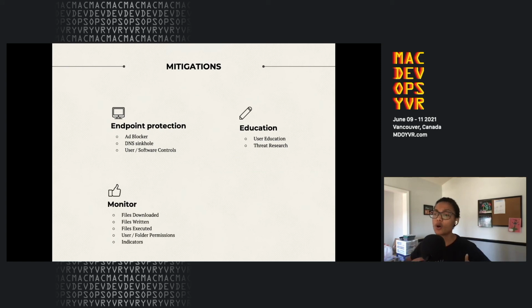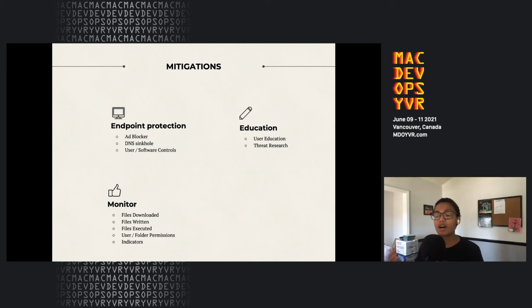Monitoring. So I recommend monitoring files downloaded, files written, files executed. Now, this part is the fun part for me, kind of. I like monitoring. At first, it could be overwhelming if you're monitoring every file downloaded, every file written and executed. So I recommend maybe start off with some key directories of interest.